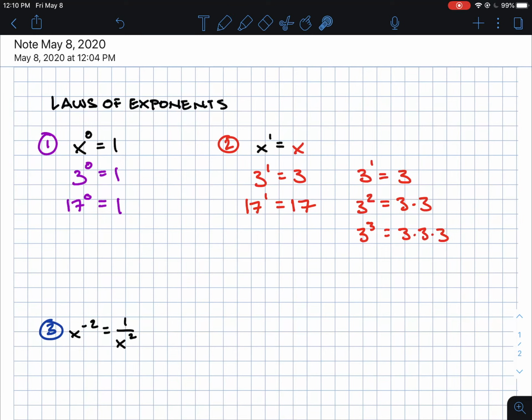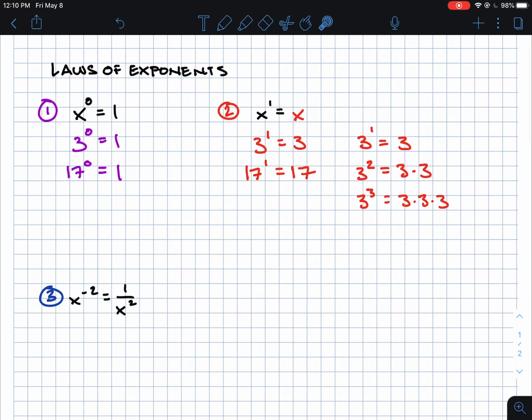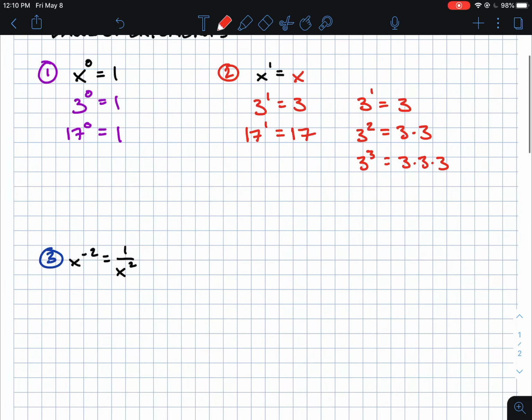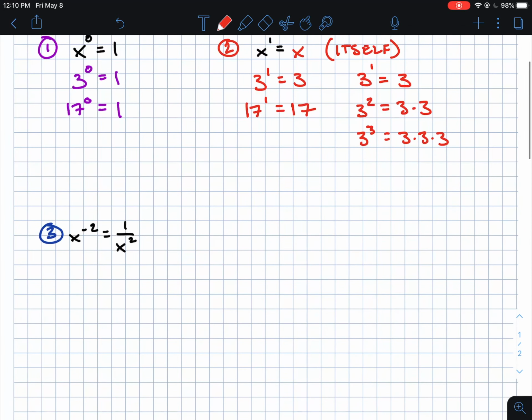But when it's 3 to the first power, there's only one 3. So this one makes a little bit more sense if you think about it that way. 3 to the first power is just itself, 3. So any number raised to the first power is itself, whatever the original base was. All right, so that's to the first power.